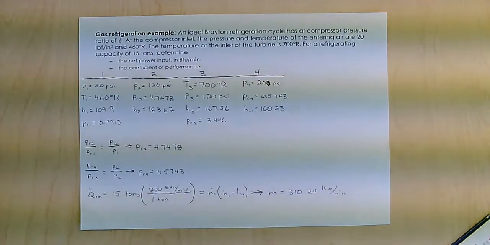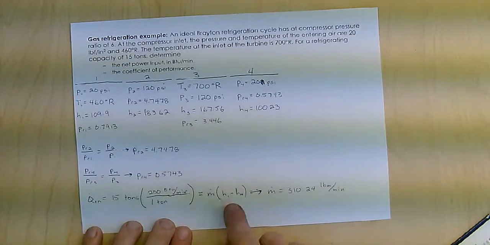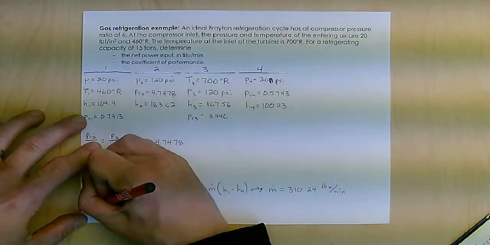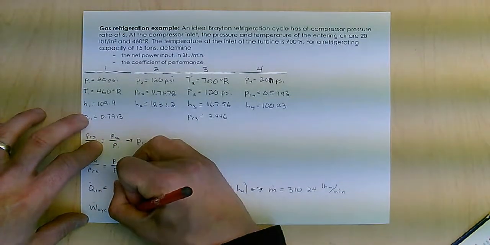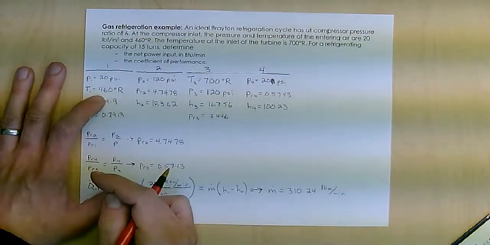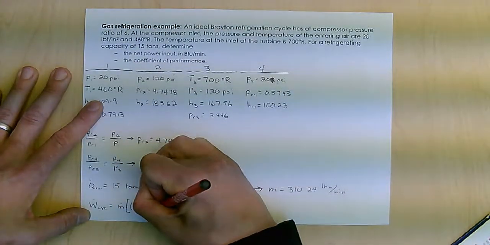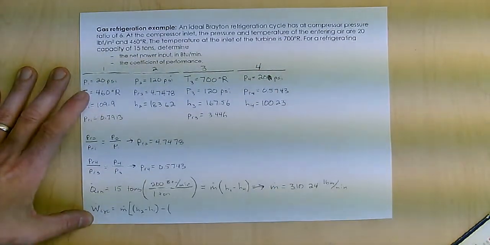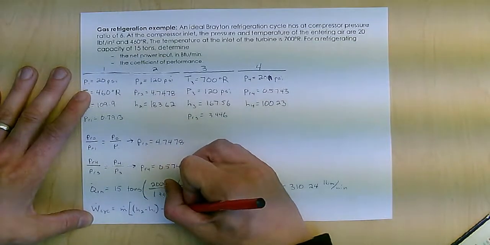Again, that's knowing the refrigeration capacity as well as my H values, I can find the mass flow rate. Now, to find the work of the cycle, I just take that mass flow rate times the compressor work, which is H2 minus H1, and subtract off the turbine work, which is 3 to 4, excuse me, H3 minus H4.